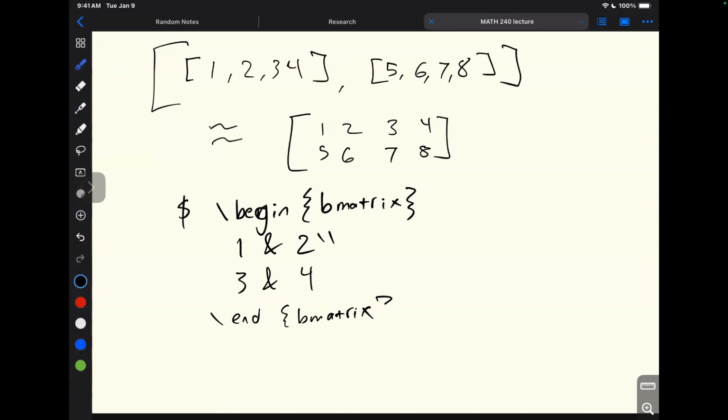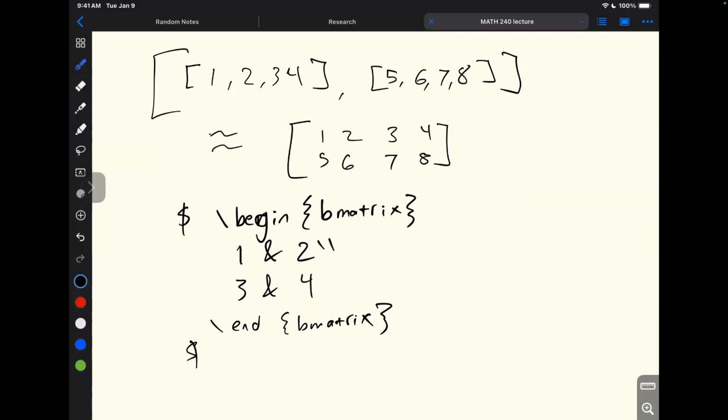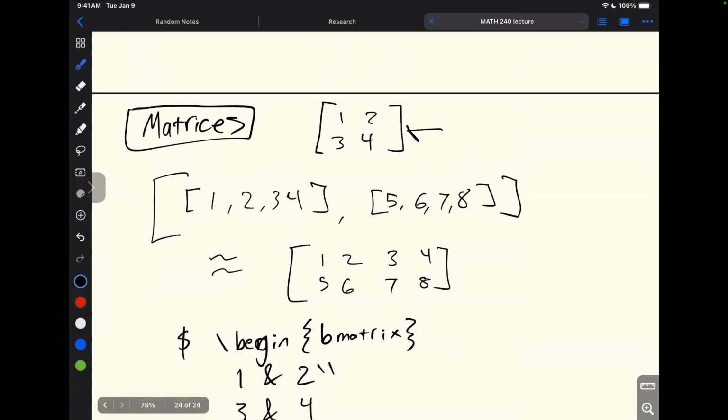Again, we'll go over what this all means. This is your teaser for later of how in TeX you'll write something like this, and then it looks pretty in math.